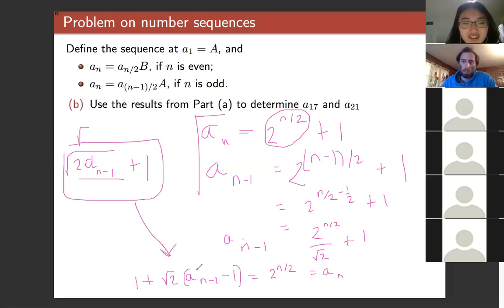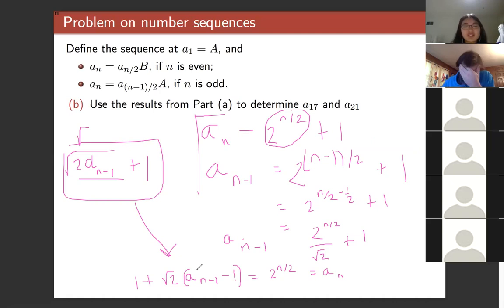So a1 is equal to the square root of 2 plus 1, a2 is equal to the square root of 2 to the second exponent plus 1, and then a3 is the square root of 2 to the third exponent plus 1.